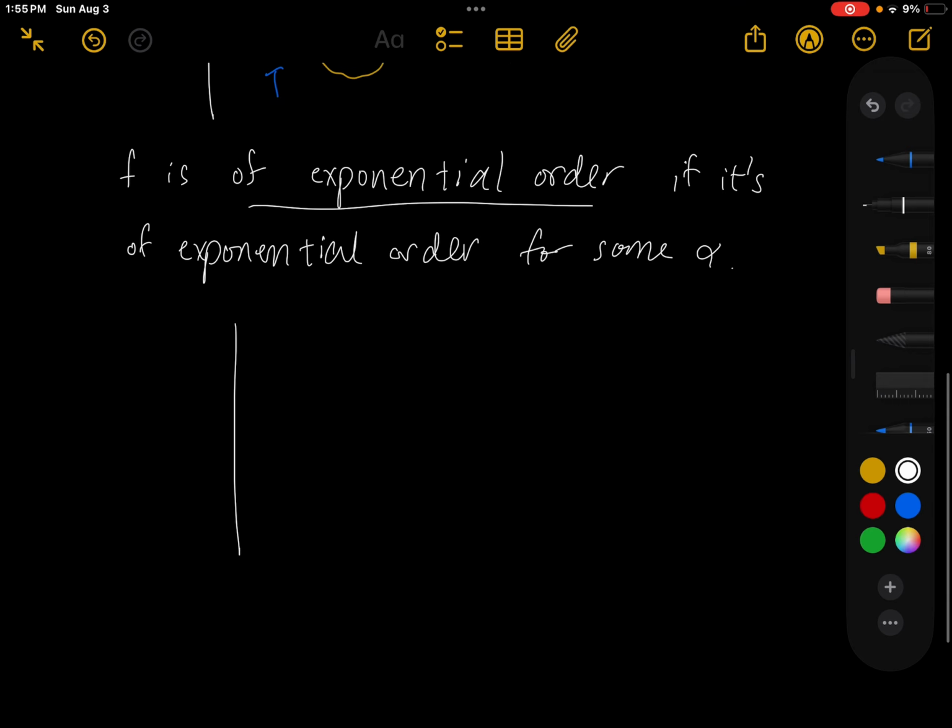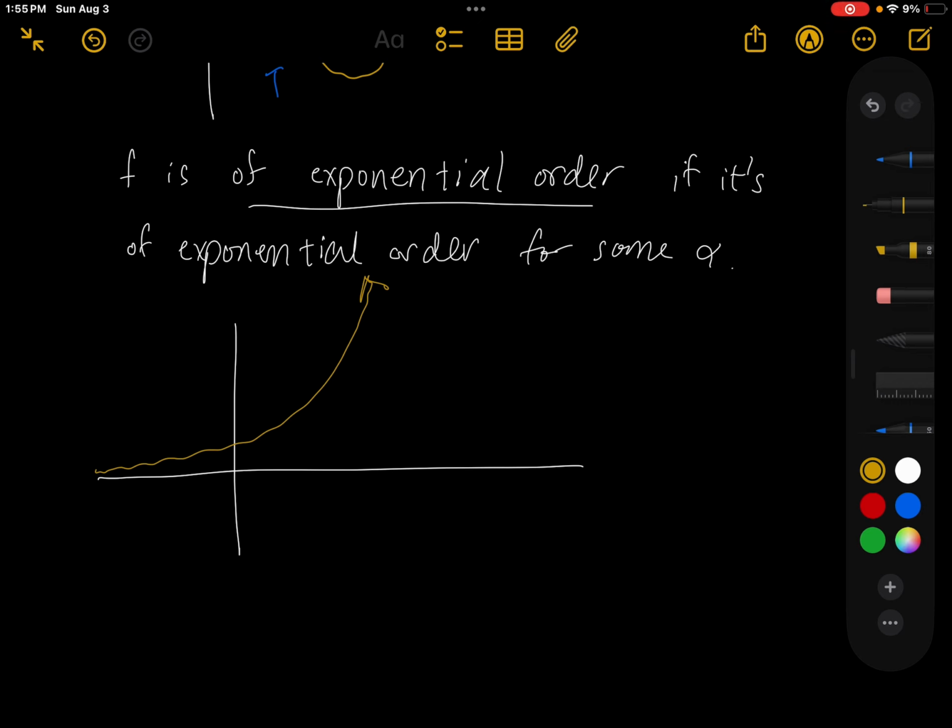So let's draw a picture of something. I'm not even going to say what the function is. I'm just drawing a picture of something that would not be of exponential order for any alpha. It's something that grows so fast that it's faster than any exponential function.